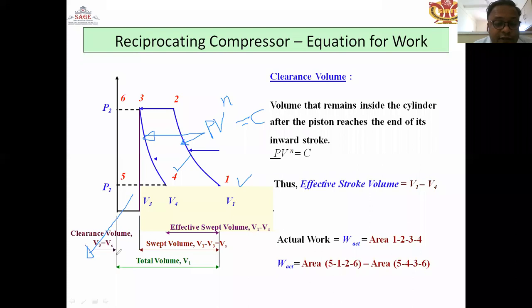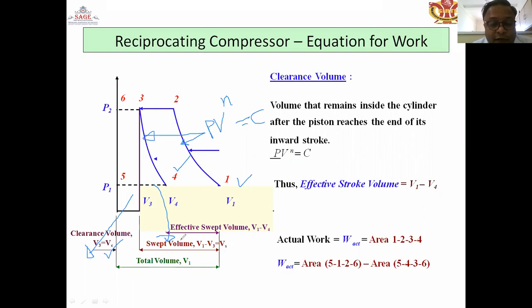Here it is showing V3 is equal to Vc, and the swept volume is V1 minus V3.